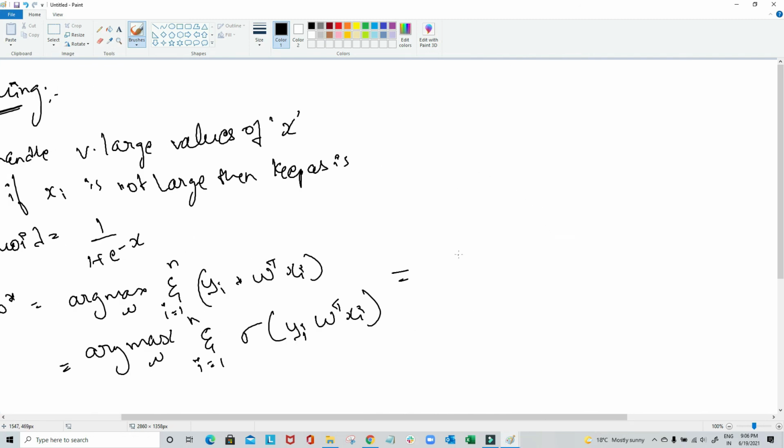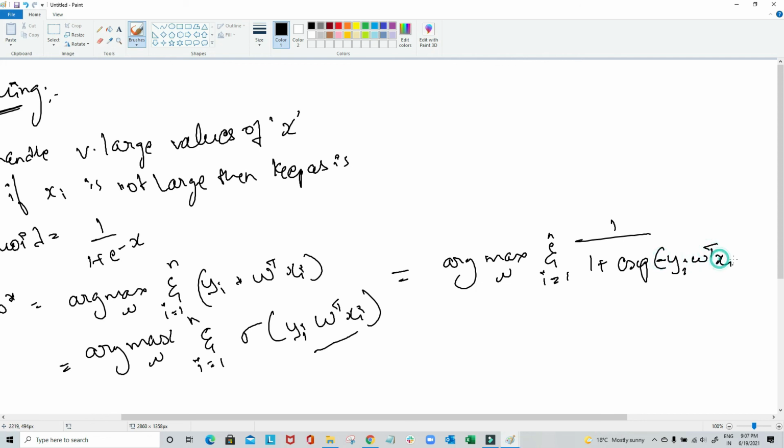Here the x term is this part, so we have to substitute it here. So this will become argmax: we have to find a w, a weight vector, which maximizes the function 1 by 1 plus exponential of minus yi w transpose xi.